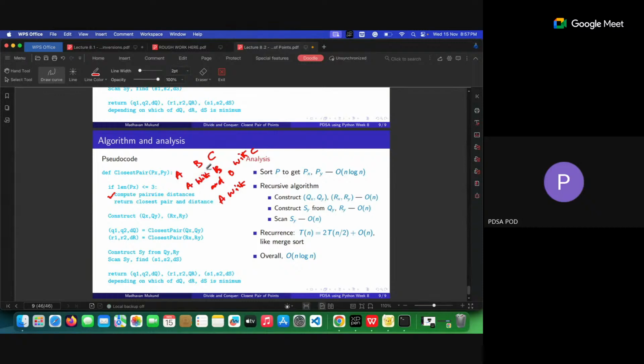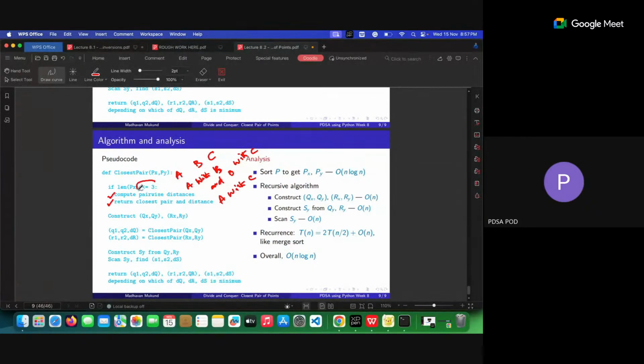Pairwise distance means AB, we find their distance, then B and C we compare, to find which is the shorter distance. Then whatever distance we got, again we compare A with C, whether it is shortest. Whichever of the combinations AB, BC and AC is the shortest distance, we get that one.